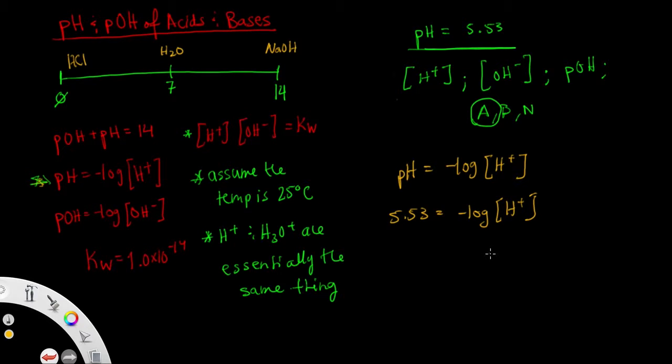The way that we can solve for H plus is because we know that if there's a log and there's a concentration, it's with a base of 10. So we can take 10 to the negative 5.53. Because of the negative log here, we have to take 10 to the negative 5.53.